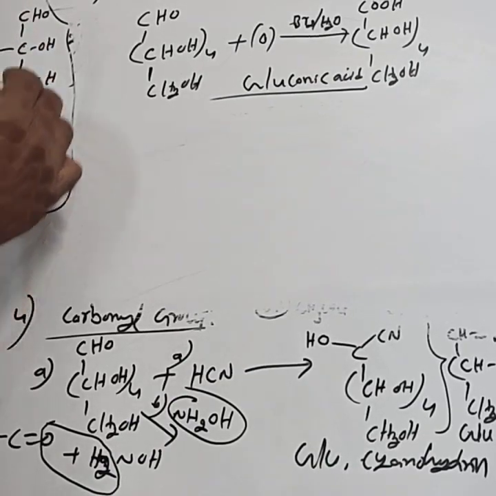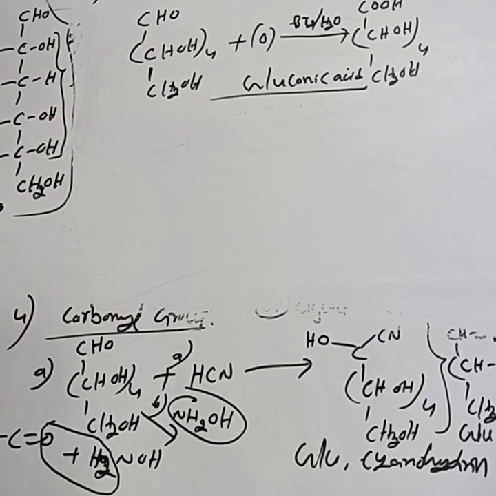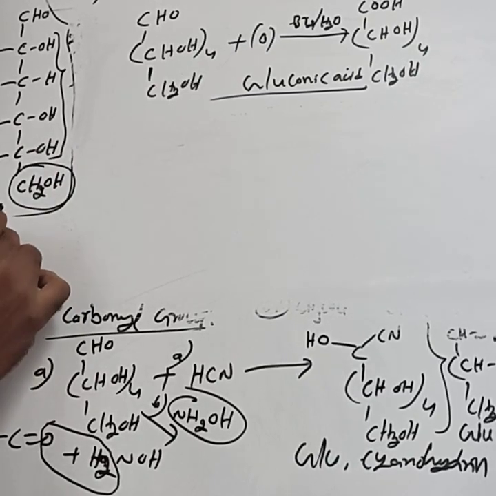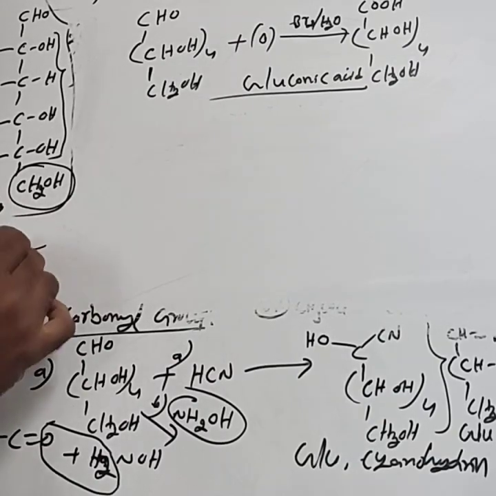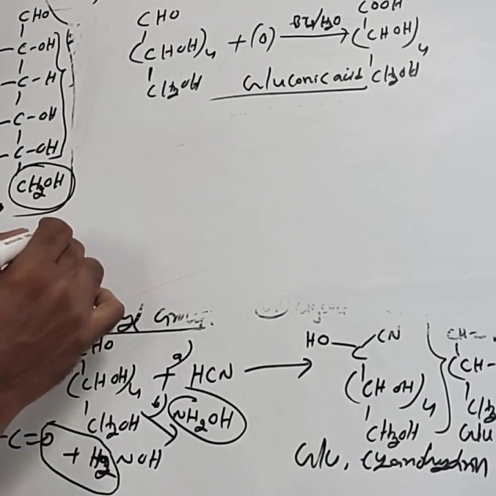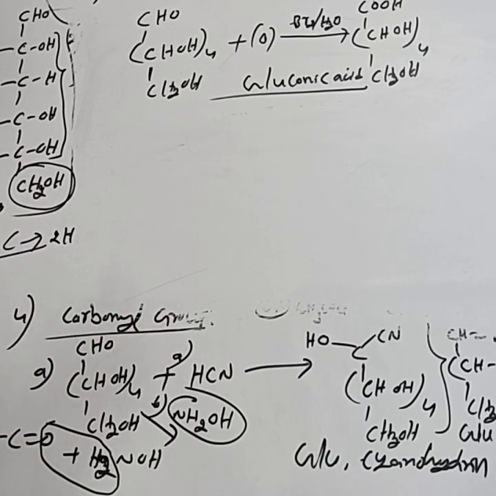How many secondary carbons? These four are the secondary carbons, and this CH2OH is called a primary carbon. The primary carbon definition is one that contains two hydrogen atoms, or a carbon bonded to one more carbon atom.